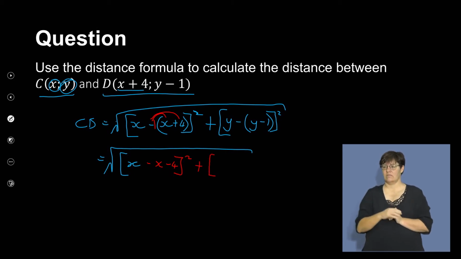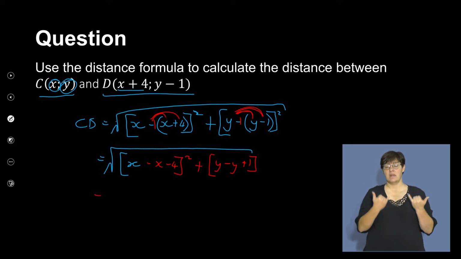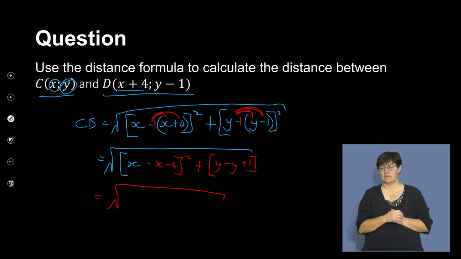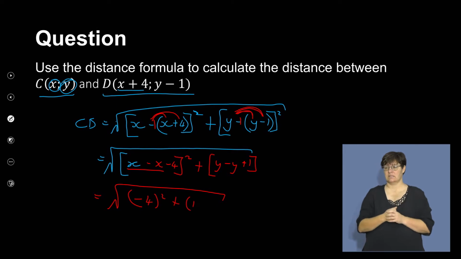And for the second one, I'm going to be distributing that in, and it's going to be y. Minus 1 times y is minus y, and minus 1 times minus 1 is plus 1. And this is great, because now what we can see is the x coordinates cancel out, and all I'm left with is a minus 4 squared, and I'm left with a 1 squared.